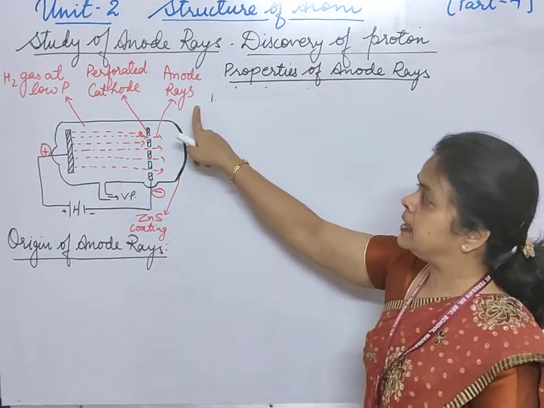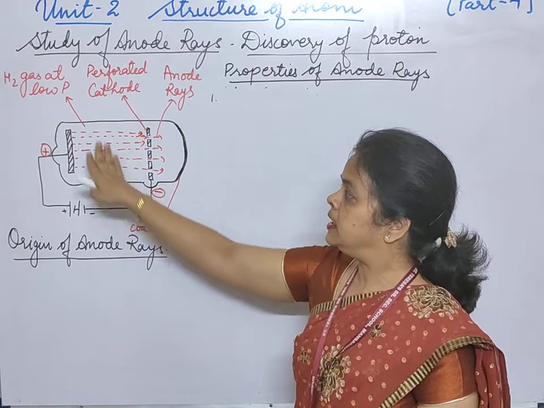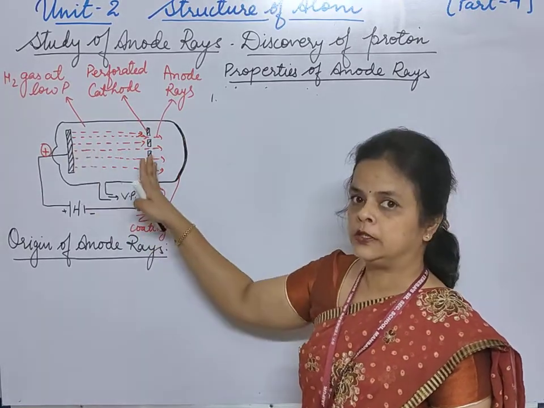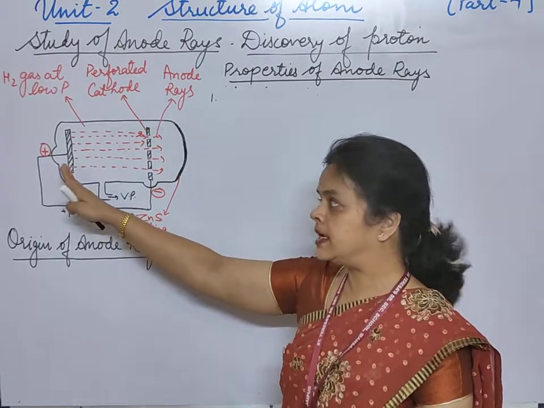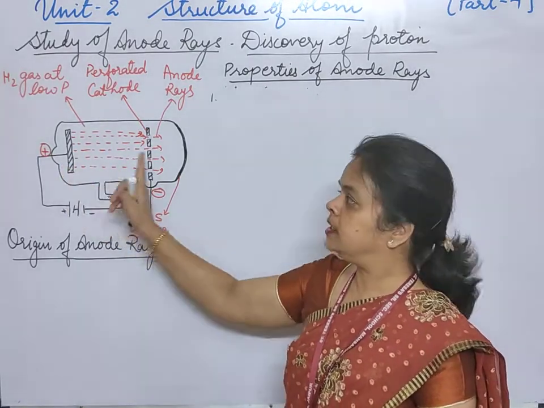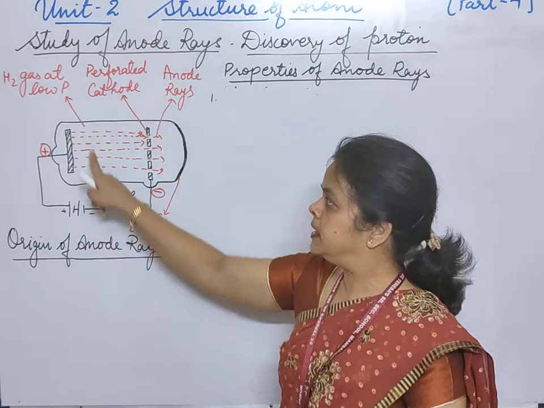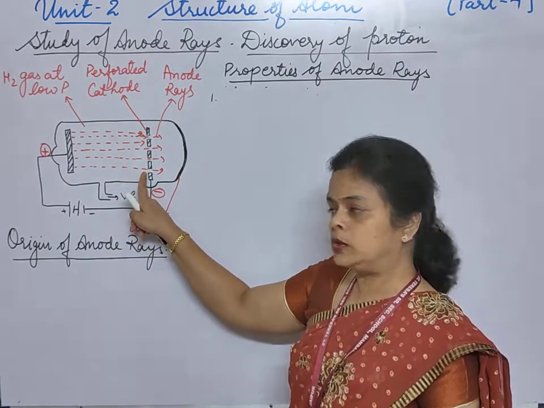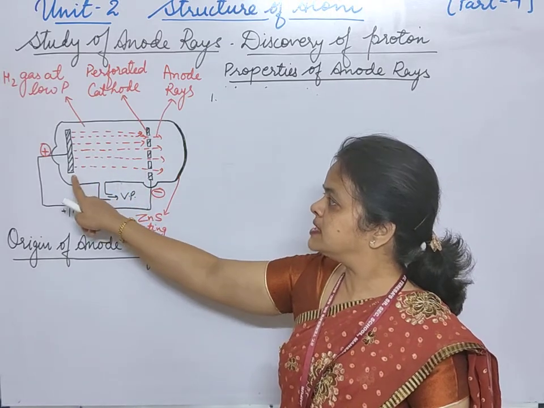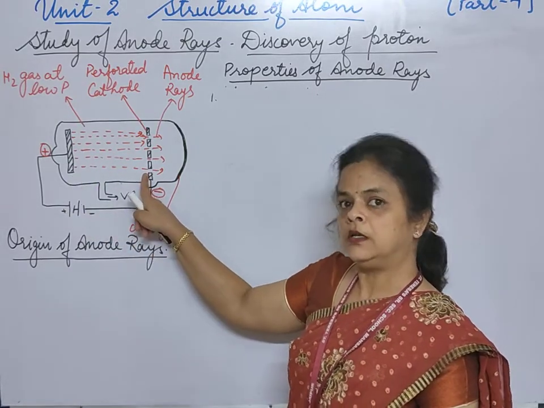These anode rays were formed in between the two electrodes, and it appears that they are coming from the side of the anode. Actually they are not produced at the anode, but in the space between anode and cathode, and they move from the side of the anode towards the cathode.